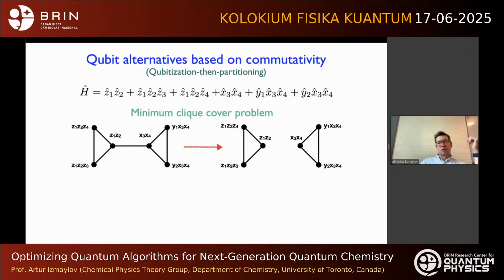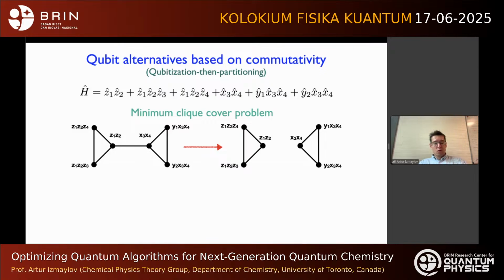To find, let's say, the commuting parts, we can use graph techniques, where we partition the graph that originates from making every Pauli product a node and connecting the nodes that are commuting, right? So commutativity is a binary relation without transitivity.